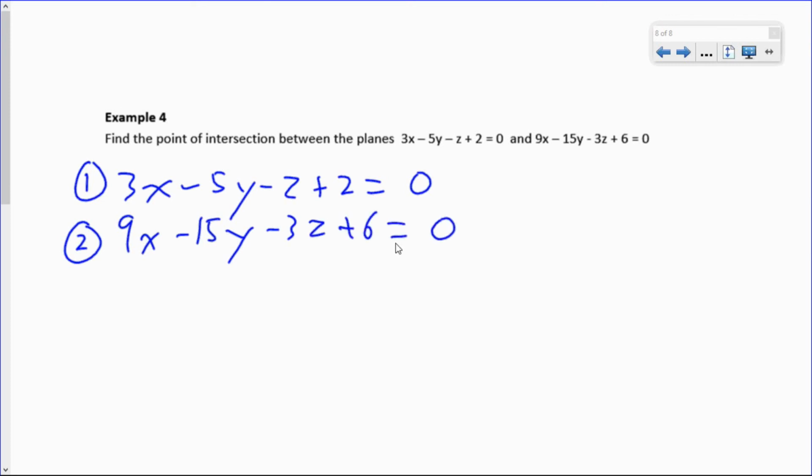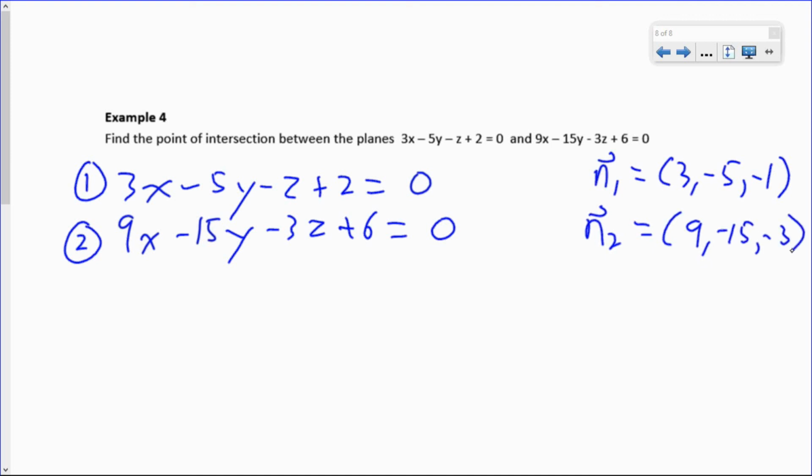Again, if you look at it geometrically, you might realize the first normal is 3, negative 5, negative 1, and the second normal is 9, negative 15, negative 3. So one normal is 3 times the other, so they are collinear. And in this example, the constants, the 2 and the 6, are 3 times bigger as well.